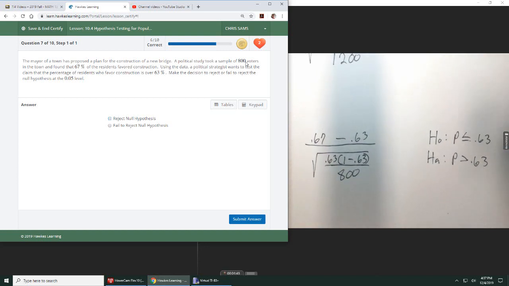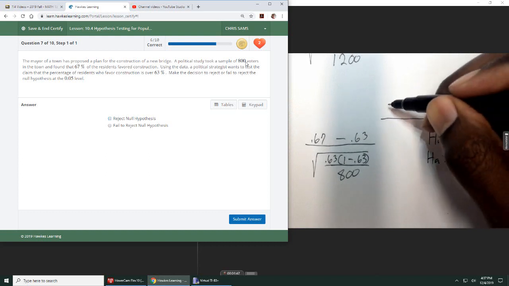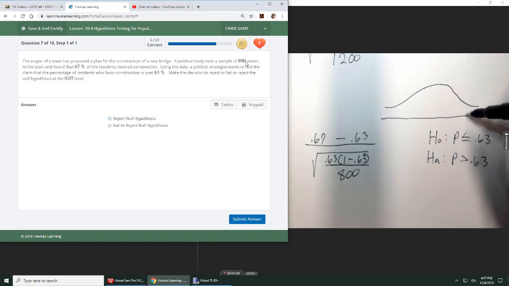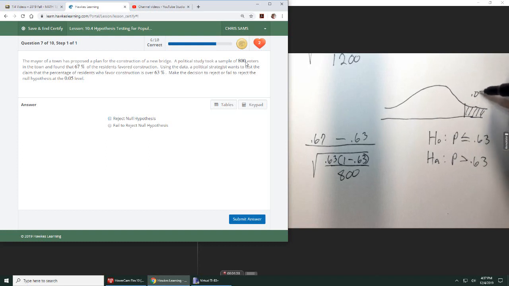Let me come down here. So this area right here is 0.05. We can find the critical z-value here, and we can compare our test statistic to the z-value. If we fall in this region, we reject H0.